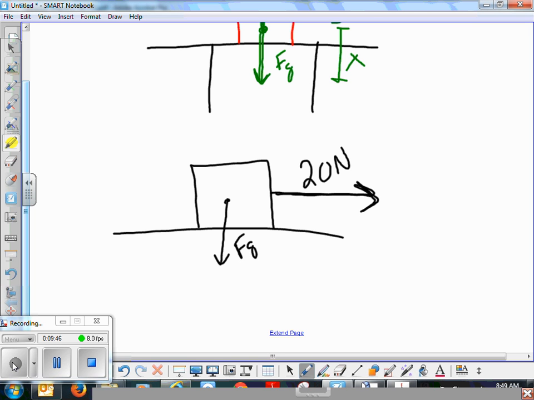Okay, so let me just quiz you here. According to my drawing, what is the box's mass? Equal to, greater than, or less than 2 kilograms? I would say it's less than, because this length here is less than this length. Do you agree? Oh, I'm sorry, I said that opposite. This one is less than this length.